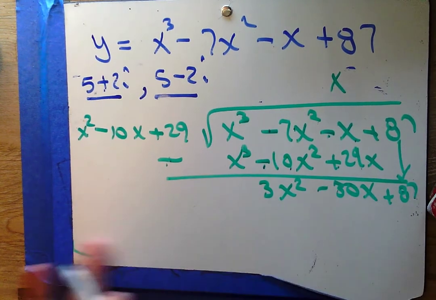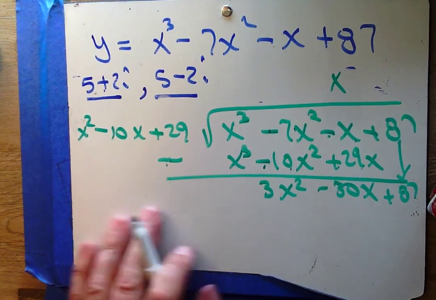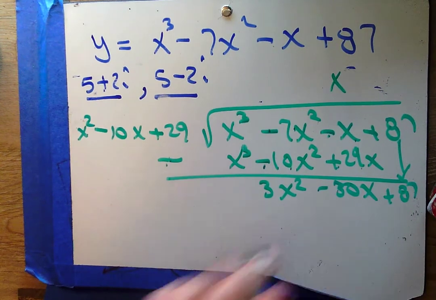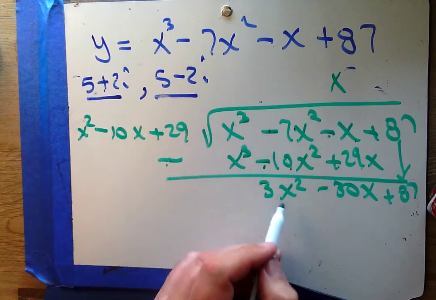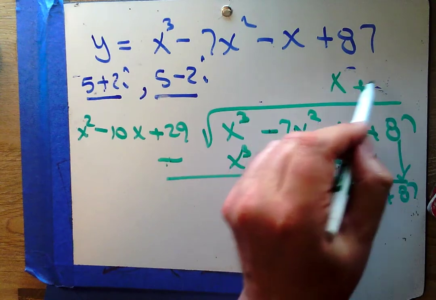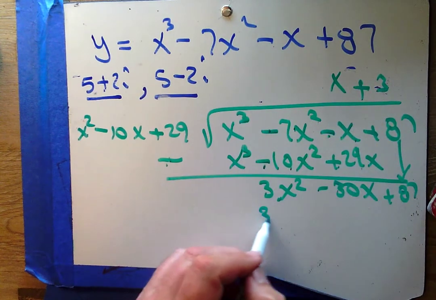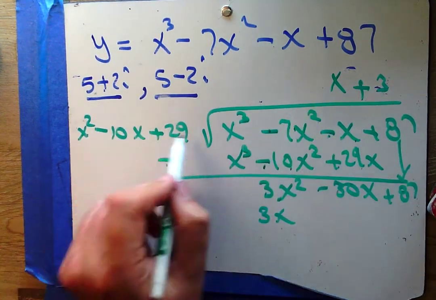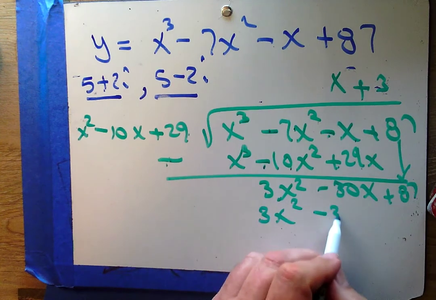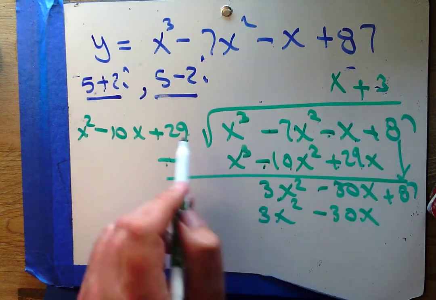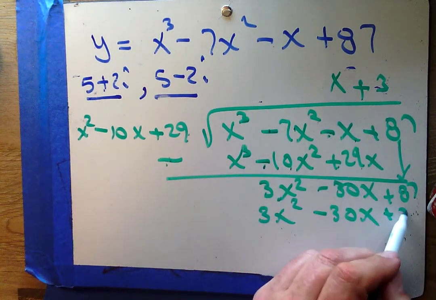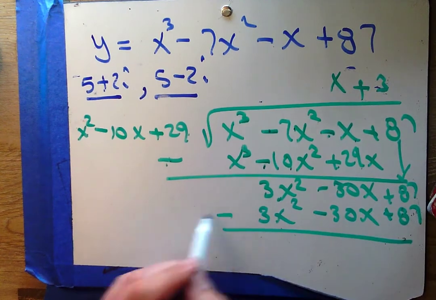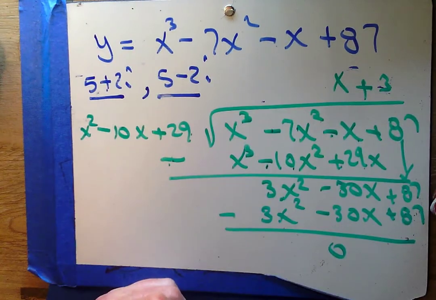Now, I'm thinking that it's pretty bleak over here right now. Am I somehow going to be able to get that? Sure, look, what do I multiply this by to turn it into this? Positive 3. So when I distribute that 3 to each of these, I get 3x squared minus 30x. And you know what 3 times 29 is? 87. And so now when I subtract, I get a big old 0.